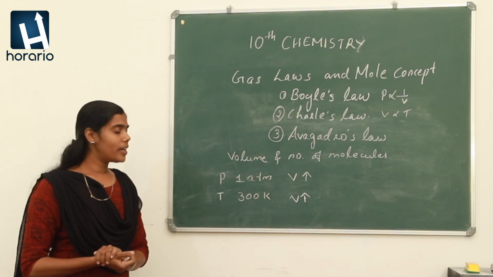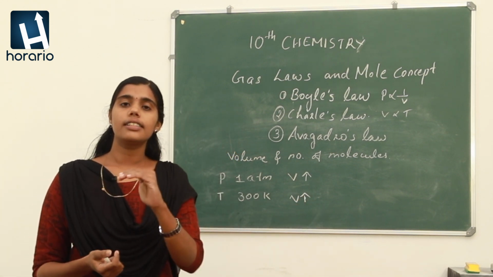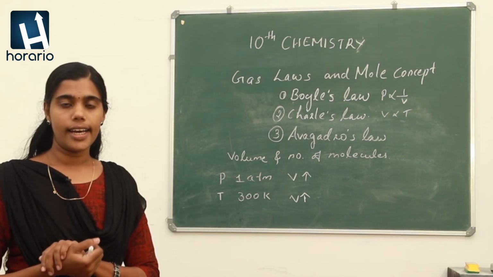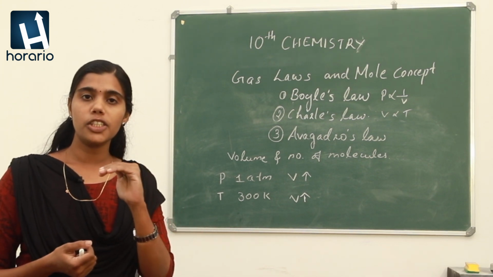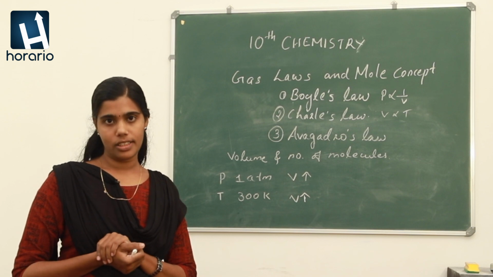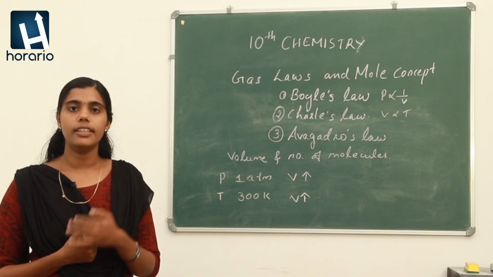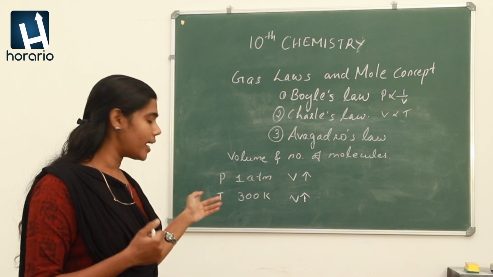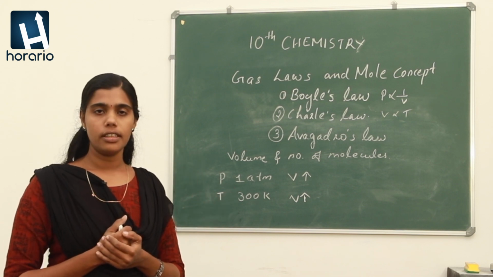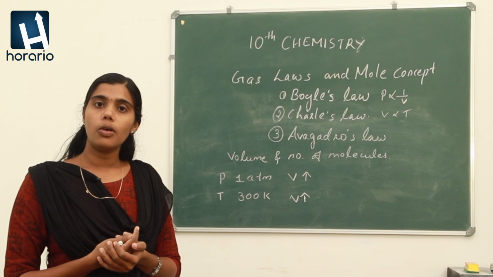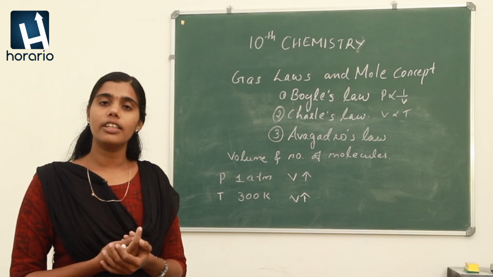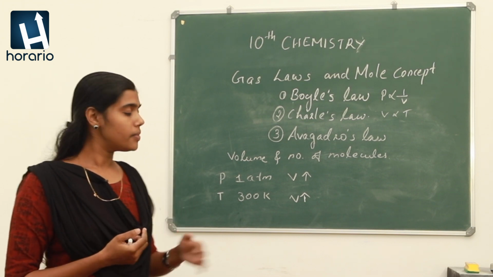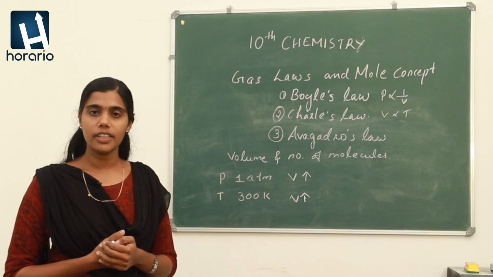So, how can we increase the volume of the gas by keeping pressure and temperature constant? We can add some more molecules to it. That's the only way to increase the volume while keeping the pressure and temperature constant.